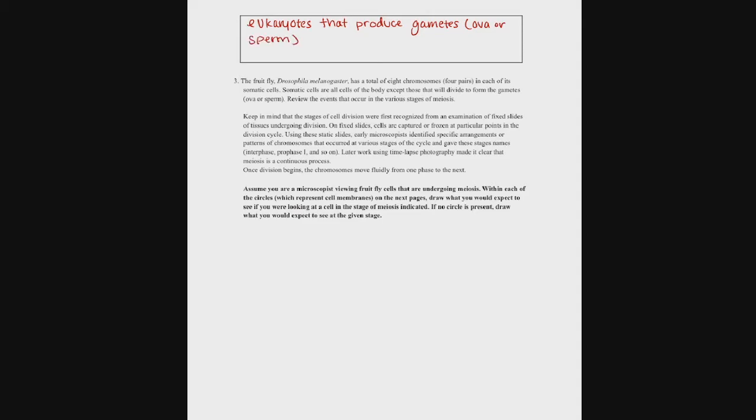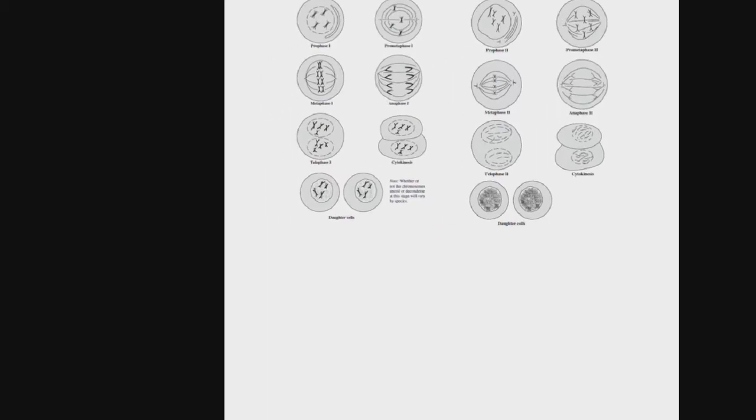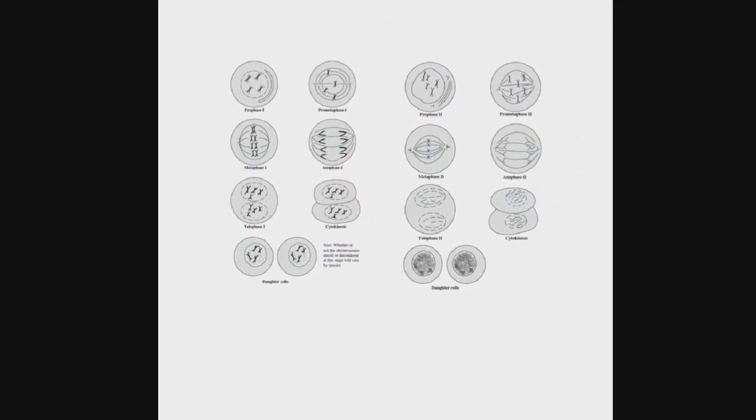Awesome. So this next diagram is an overview of meiosis now. Looking here, I know that it looks a bit much, and I'm going to try to make this a lot bigger for you guys.